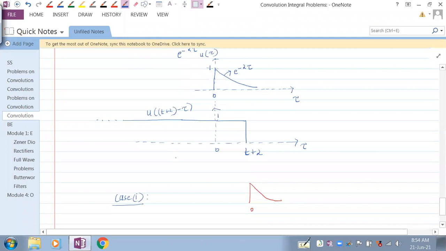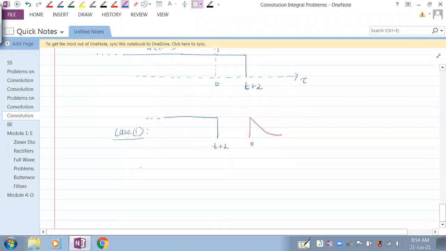So this is moving signal. Okay, and this is t plus 2. So which case is this? This is when t plus 2 is less than 0, which implies it is as good as saying t is less than minus 2.